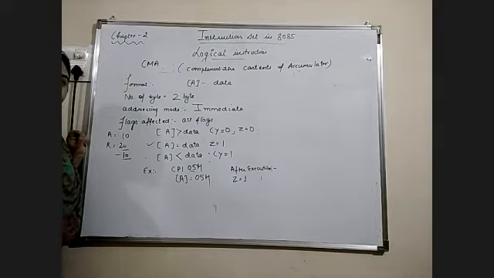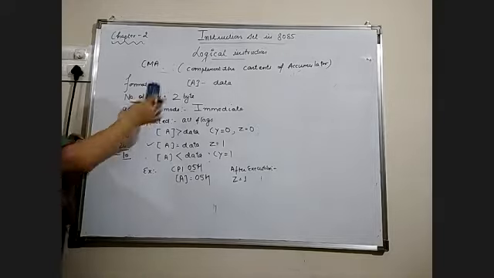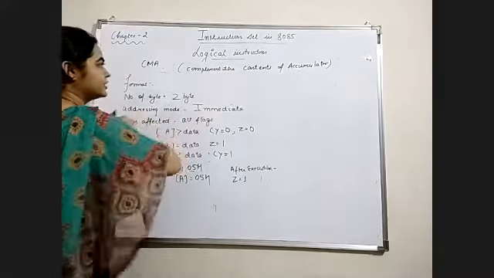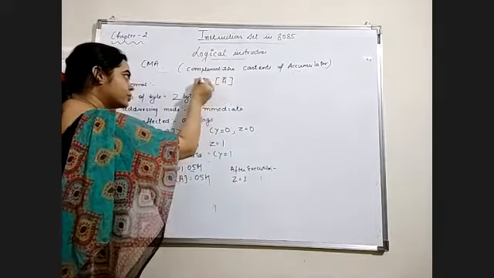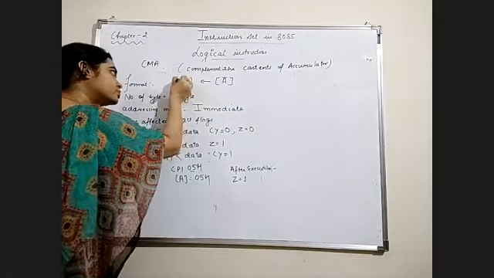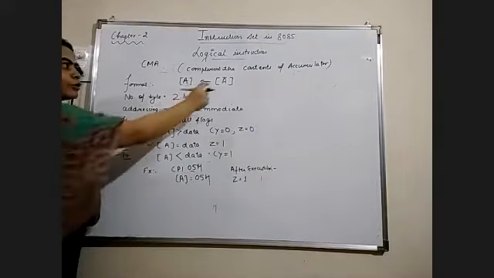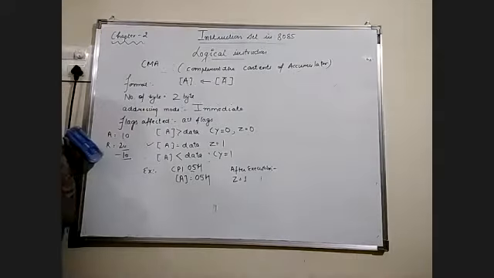If it is 0, then it gets complemented with 1. So the format of this instruction is, after complementing the contents of the accumulator, the new result will be stored in the accumulator. For complementing, we can use the bar symbol.